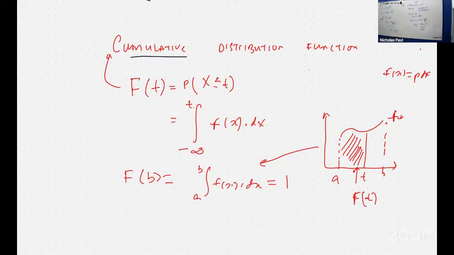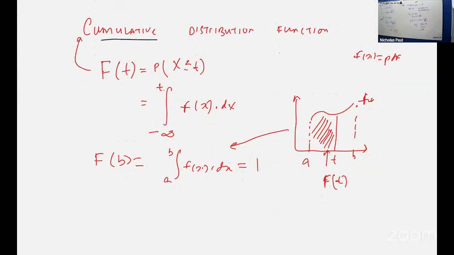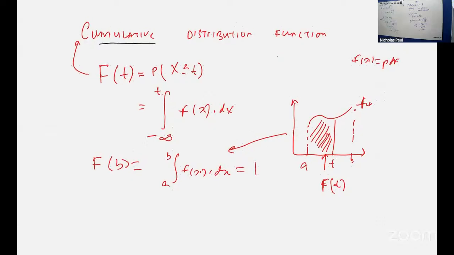This question comes ever so often. F of m is equal to 0.5. That's if you want to find your median. If you want to find a lower quartile, F of m is equal to 0.25.